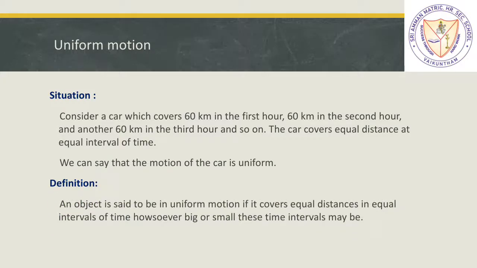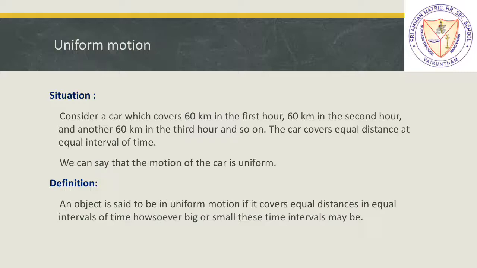It is defined as: an object is said to be in uniform motion if it covers equal distances in equal intervals of time, howsoever big or small these time intervals are. Here we have taken a time interval of 1 hour. If I go for a smaller time interval, like every 1 second or every 1 minute, what will be the distance traveled?